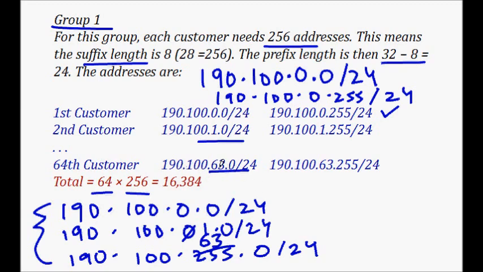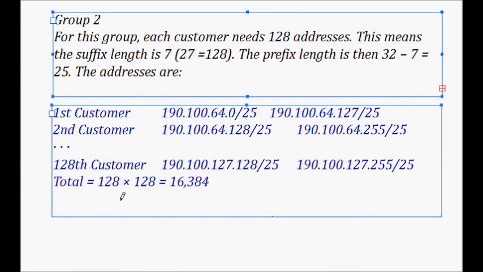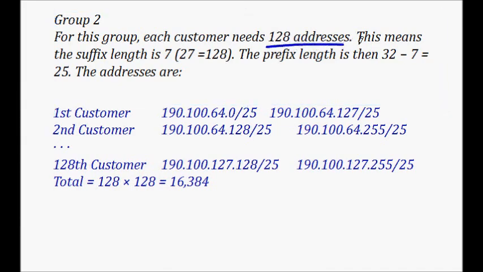Now, what is our next IP address that we can have? Till 63.255 we are taken, so the next address can start at 190.100.64.0. Now for group 2, we have 128 addresses for each customer, and there are 128 such groups.